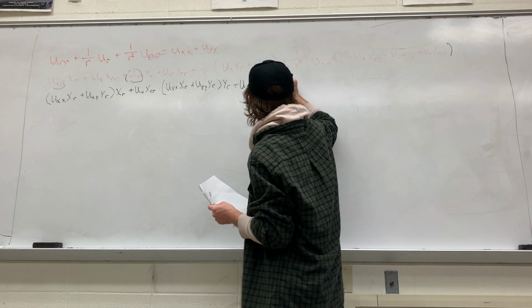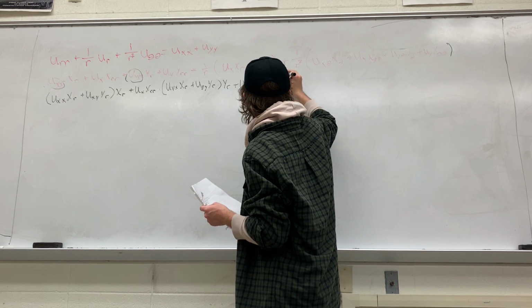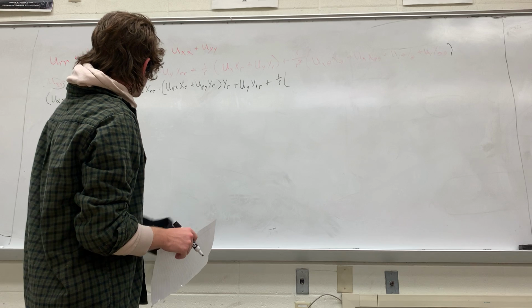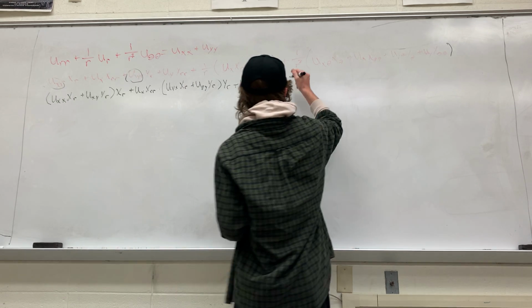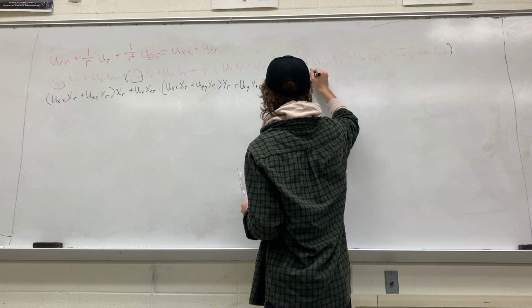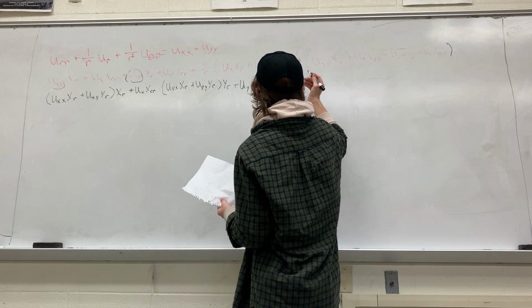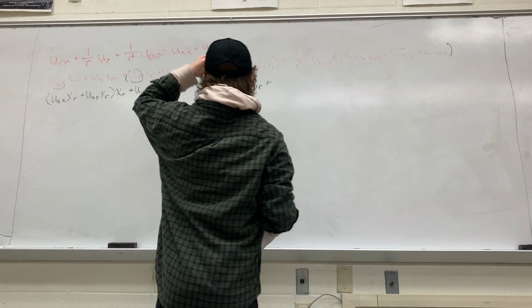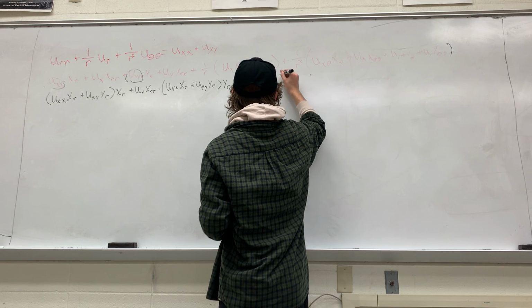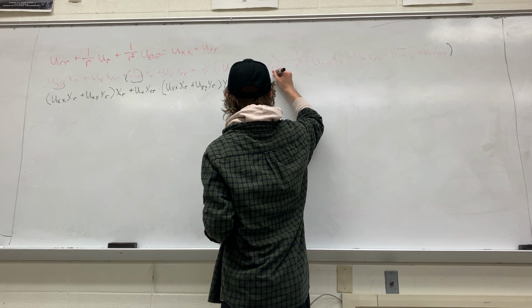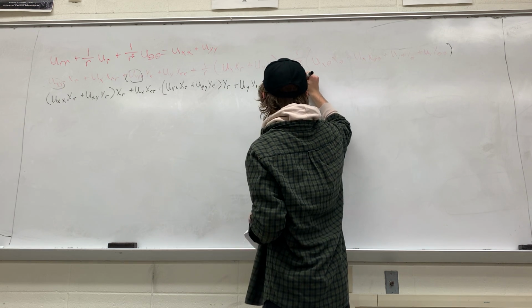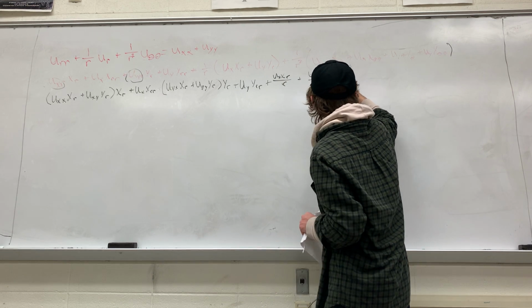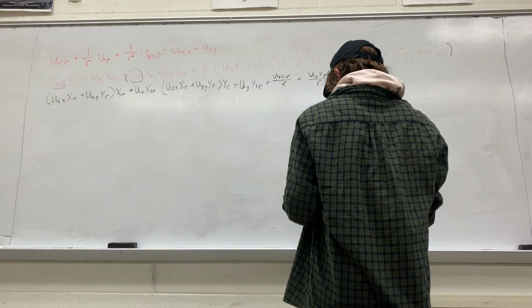And so now, for the 1 over r, I'll just go ahead and multiply out the 1 over r. So I have x_r U_x over r plus U_y y_r over r plus U_x theta.